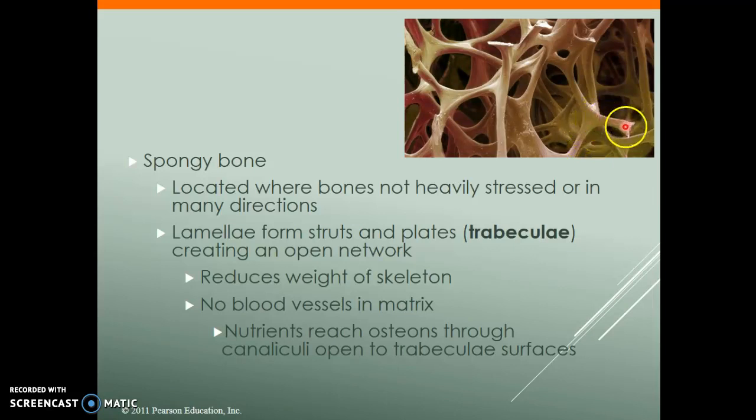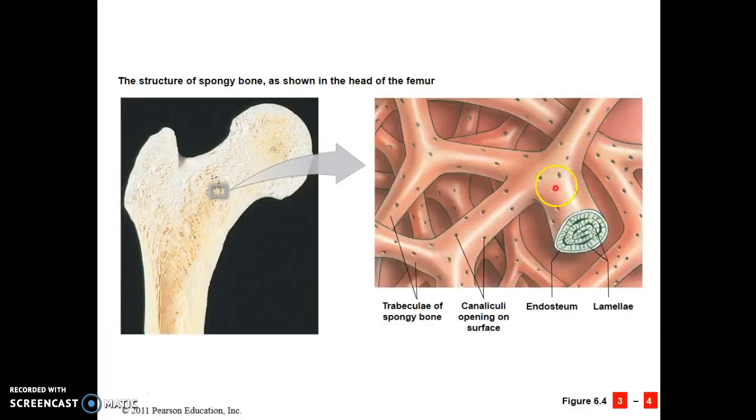So when you look at this following picture, you can see that you still have what looks like an osteon here with individual cells, and the individual cells are connected to the outside of this, the trabeculae, to get the nutrients from out here. They have to diffuse into the cells.